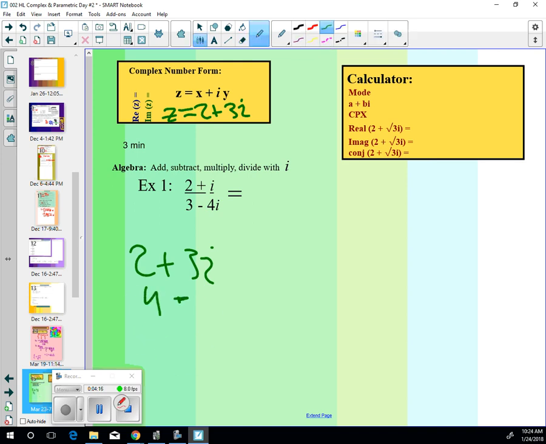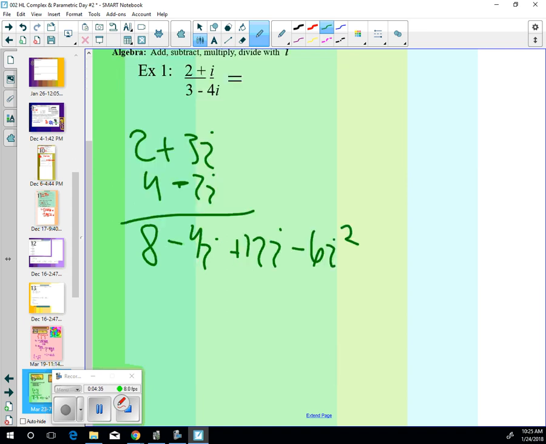2 plus 3i times 4 minus 2i. Well, you'd have to FOIL them. So 2 times 4 is 8. 2 times negative 2i will be negative 4i. Then 3i times 4 is 12i. And then 3i times negative 2i is negative 6i squared. So if i is the square root of negative 1, what's i squared going to be?